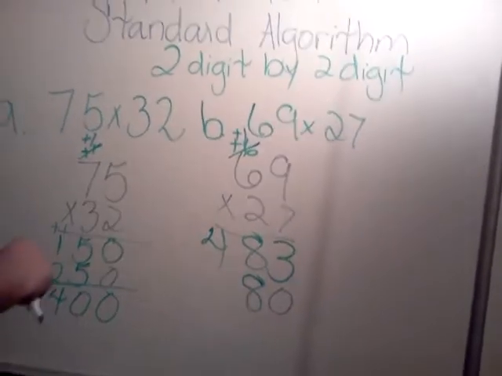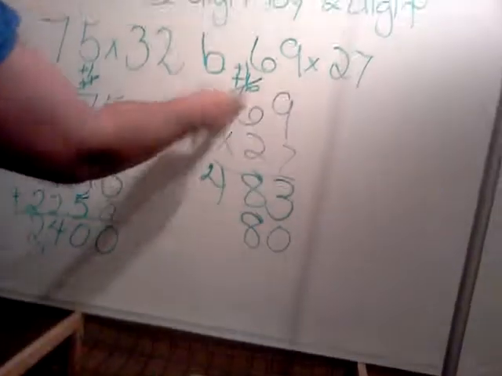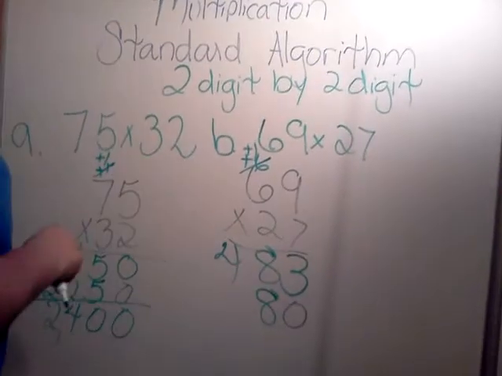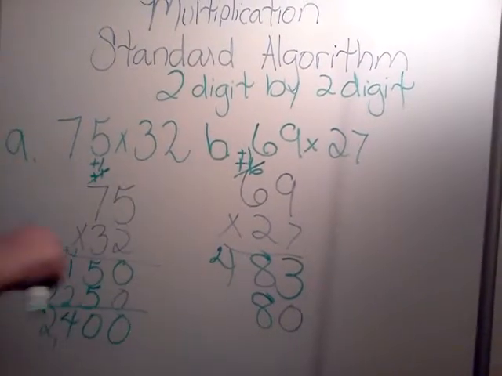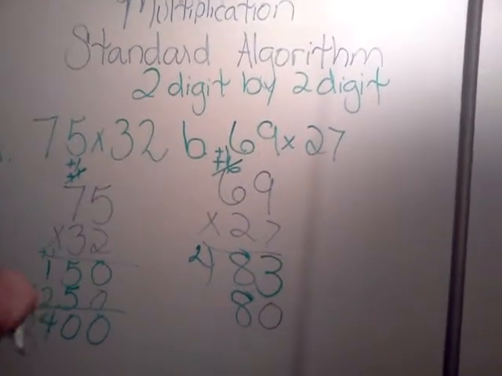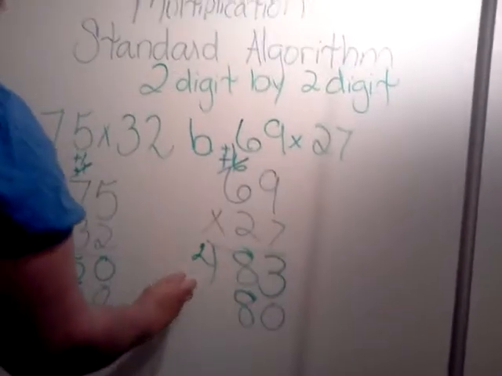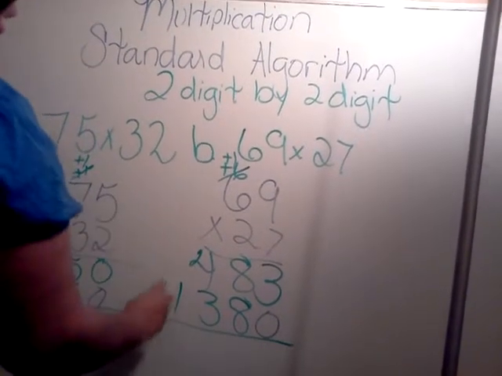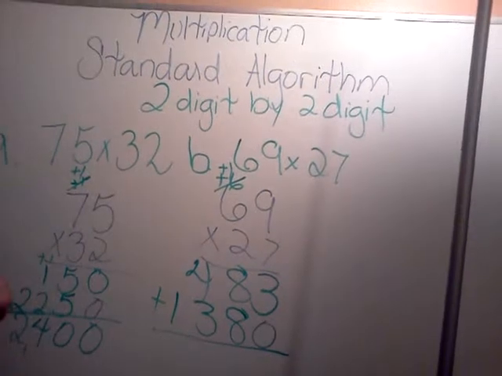The two numbers we're multiplying together are 2 and 6. What's the product of 2 and 6? 12. 12 plus 1 is 13. How do we write it? We're going to put our 1 in the thousands place, 3 in the hundreds place.